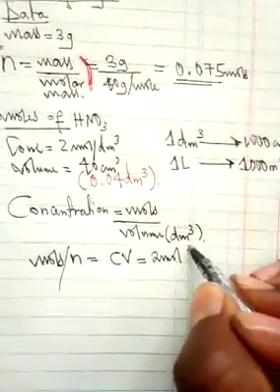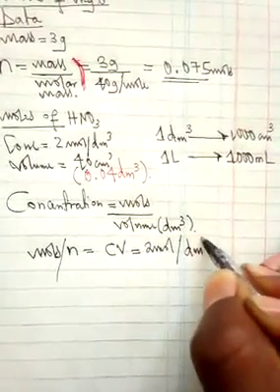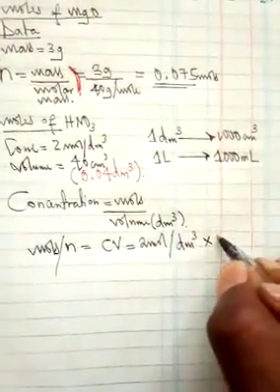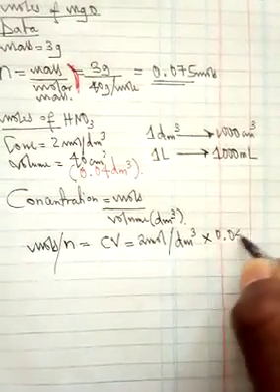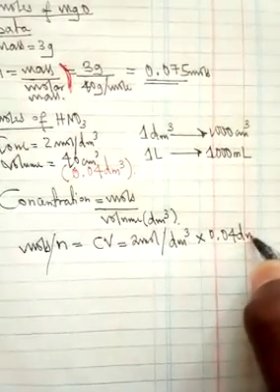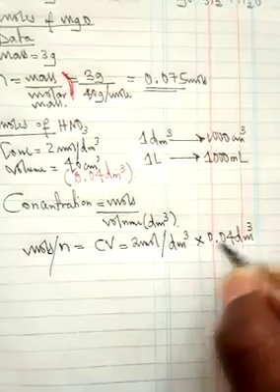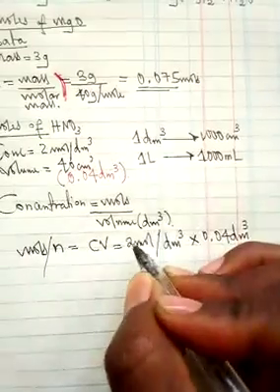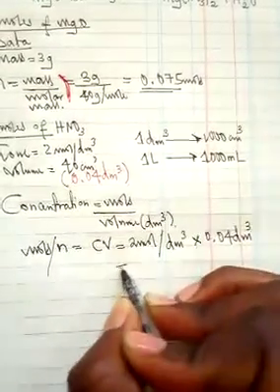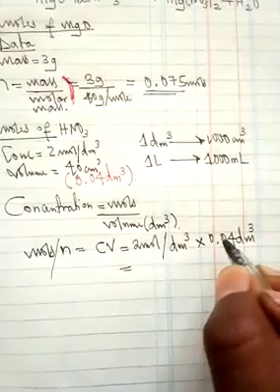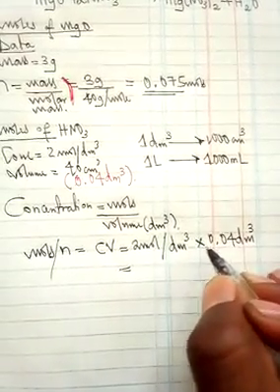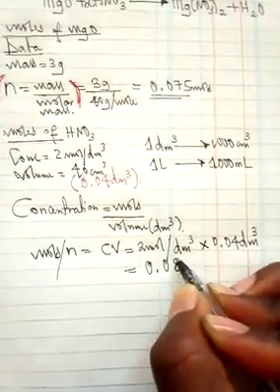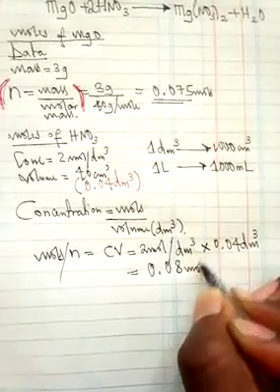This is being multiplied by your volume now, which is 0.04 decimeter cubed. Conversions are very important because the decimeter cubed and the decimeter cubed here are going to cancel, which is just going to leave us with the mole unit. So 2 multiplied by 0.04 is going to be 0.08. So we're having 0.08 moles now.